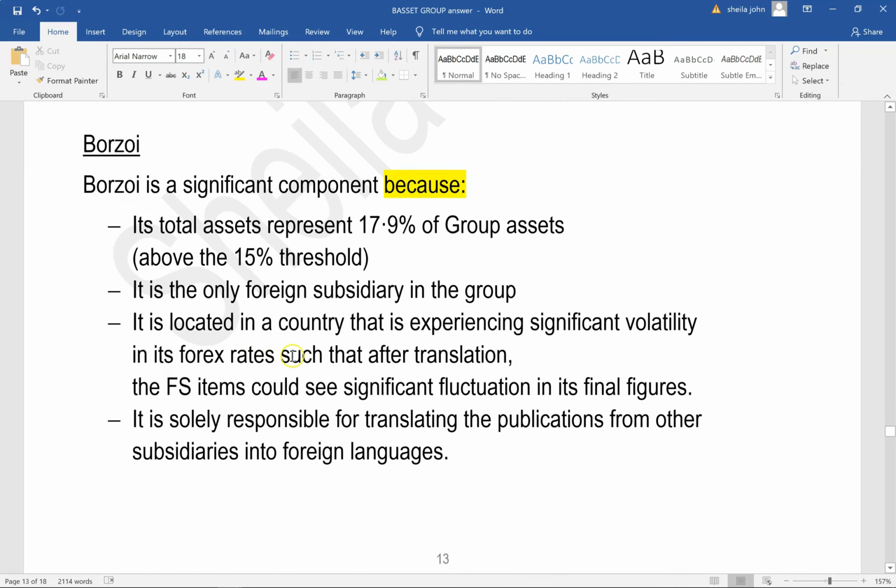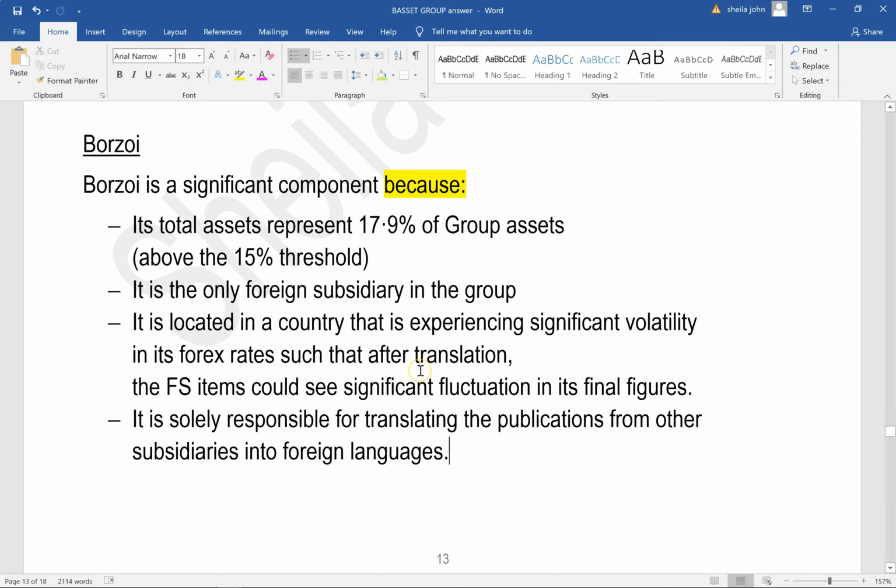It's located in a country that is experiencing significant volatility in its foreign exchange rates, which means that when you consolidate this particular subsidiary, the figures coming from the subsidiary's financial statements are going to fluctuate significantly, and that's going to throw off the whole of the consol as well. And another point here, it is unique in the sense that it is solely responsible for translating the publications from the other subsidiaries into foreign languages. So it's very unique to the group, and therefore it is a significant component.